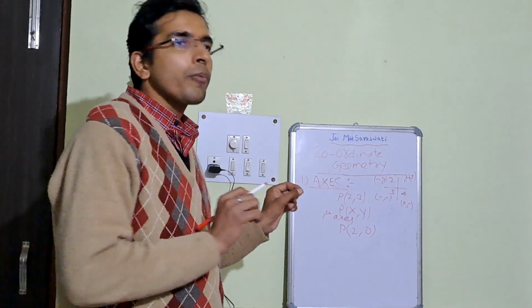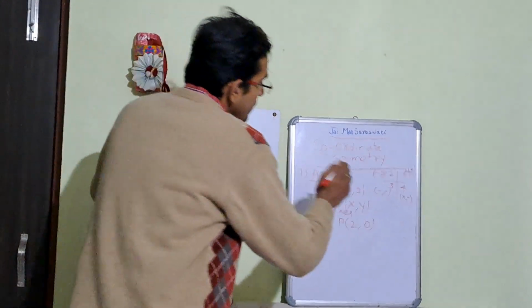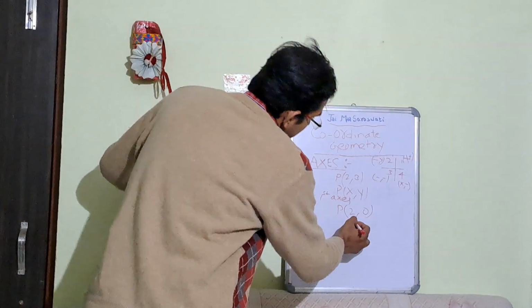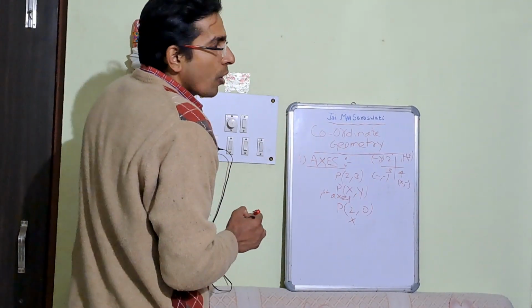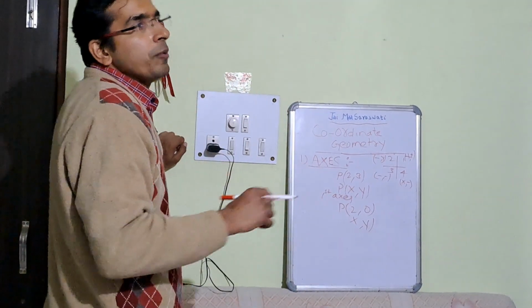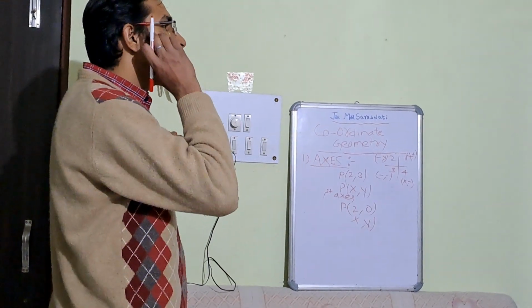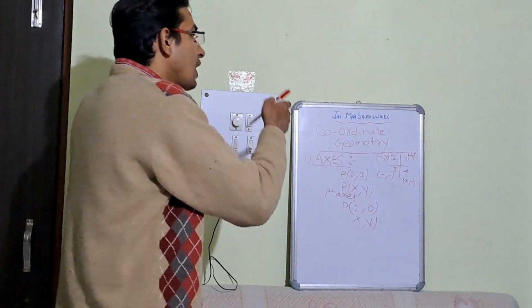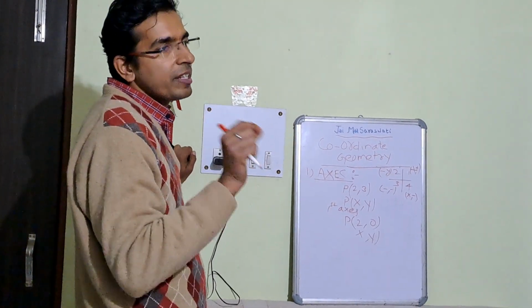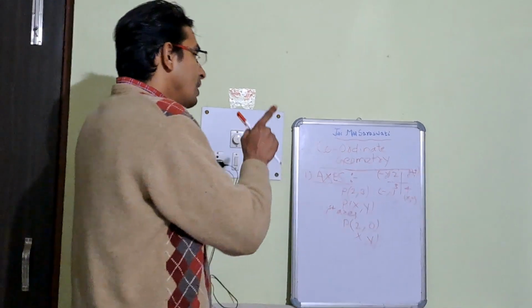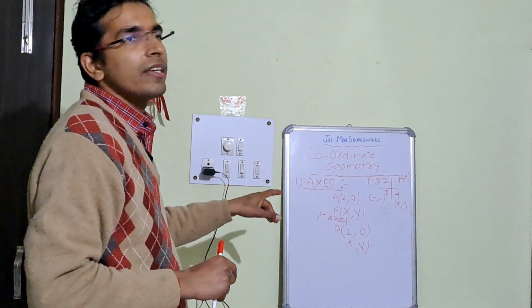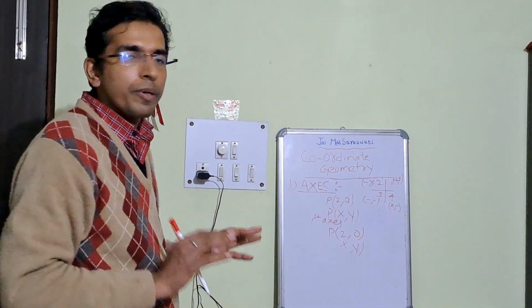If this type of question comes, we will first understand the fundamental behind it. The x coordinate is 2 and y is 0. When will y be 0? y will be 0 if and only if the point lies on the x-axis. No matter whether the point is negative or positive, if the coordinates lie on the x-axis, then we can easily say that the y coordinate will be 0.